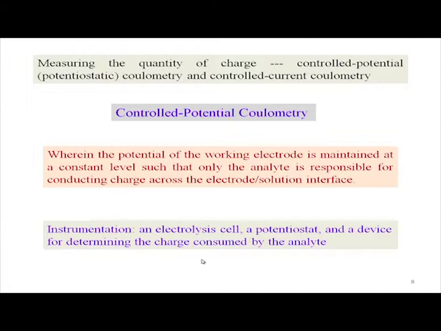So, you do not have to bother about what you can do with the instrumentation. So, the most important thing is your beaker or the electrolytic cell, which we consider as an electrolysis cell. Then what we are measuring is controlled by a potentiostatic unit, a potentiostat, and a device for determining the charge consumed by the analyte.